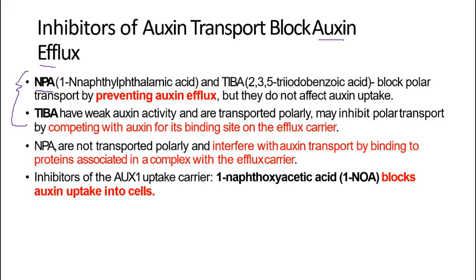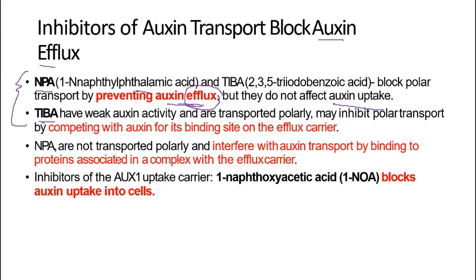The first is NPA, the full form is naphthylphthalamic acid, and the second is TIBA. NPA and TIBA block the polar transport by blocking auxin efflux. Please remember, they block auxin efflux, but they do not block AUX1. That is, they cannot block auxin influx.